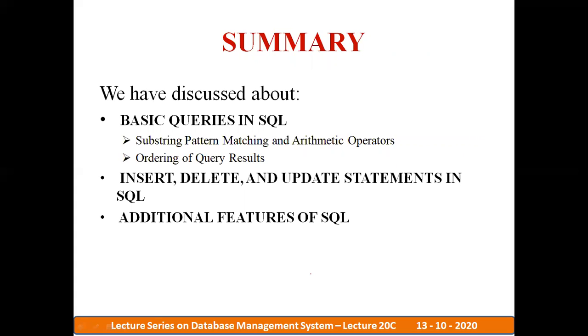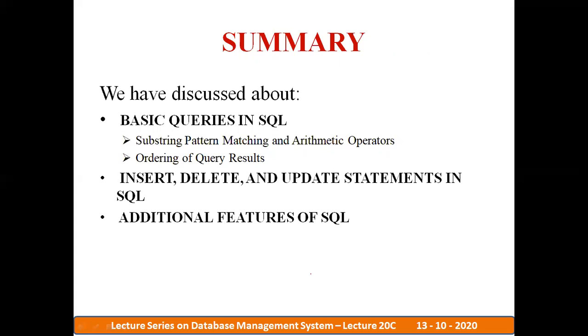In today's class, we have discussed the basic queries in SQL, that is, substring pattern matching. We are using the operator called like, and I can also use pattern matching. The first one is the percentage symbol indicating zero or more occurrences, and I can also use the underscore, which will match exactly a single character.